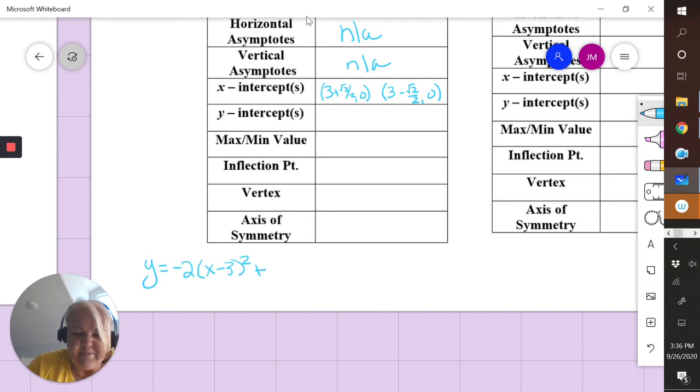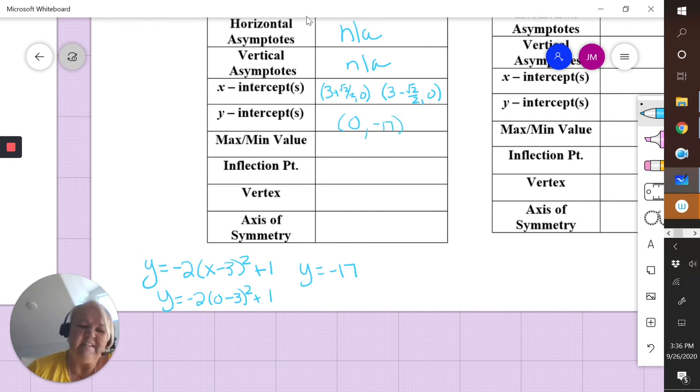It's easier to put in 0 for x, because when you're finding the y-intercept, you put 0 in for x. So this is negative 3 squared, which is 9, times negative 2 is negative 18, plus 1 is negative 17. So my y-intercept is (0, negative 17).